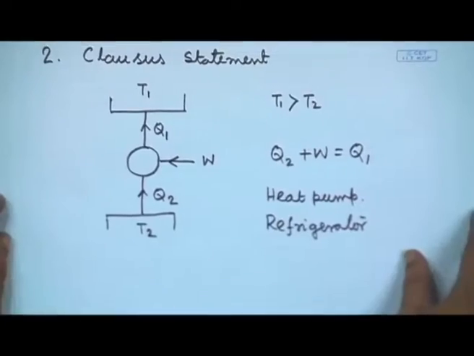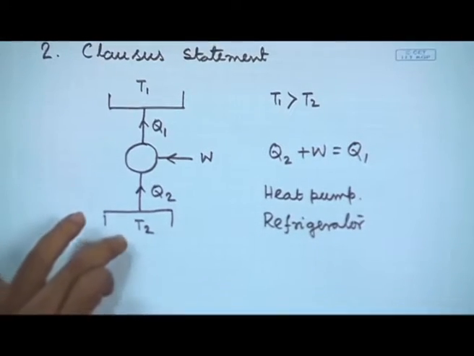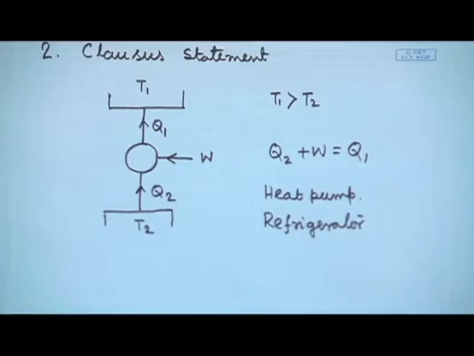So, Clausius statement gives us a configuration like this. This is where we are taking some thermal energy Q2 from a low temperature body, and with the help of mechanical work supplied from outside, we are transporting this thermal energy to a high temperature body or high temperature reservoir, which is at a temperature T1. If we are interested in transferring heat to a high temperature body, we call this device a heat pump.